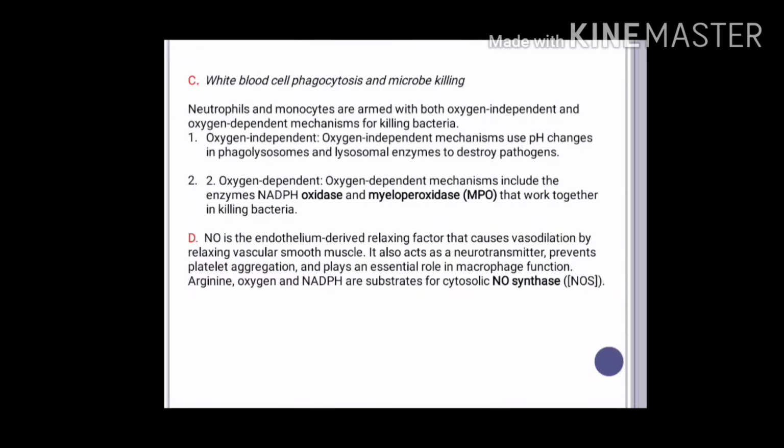This nitric oxide is the endothelium derived relaxing factor which causes vasodilation by relaxing vascular smooth muscle. It also acts as a neurotransmitter, prevents platelet aggregation, and plays an essential role in macrophage function.